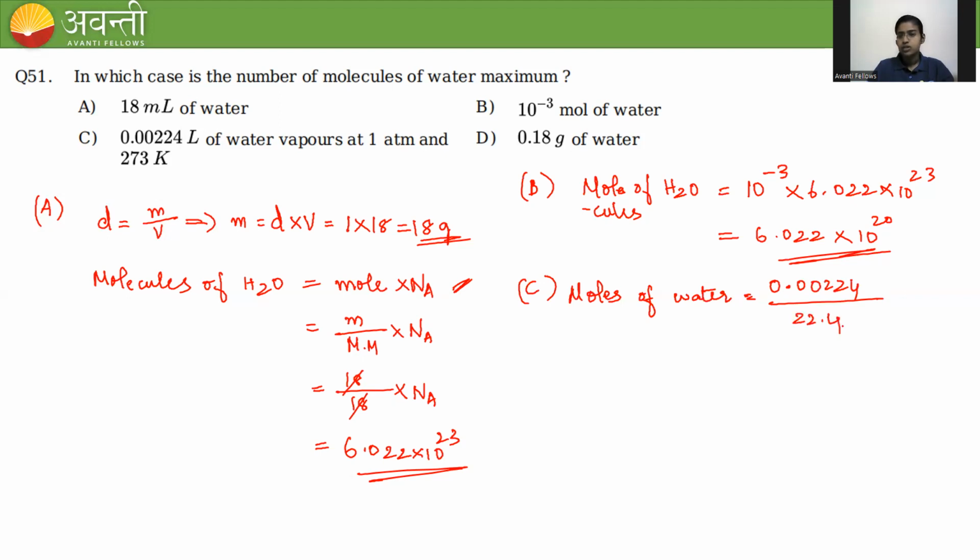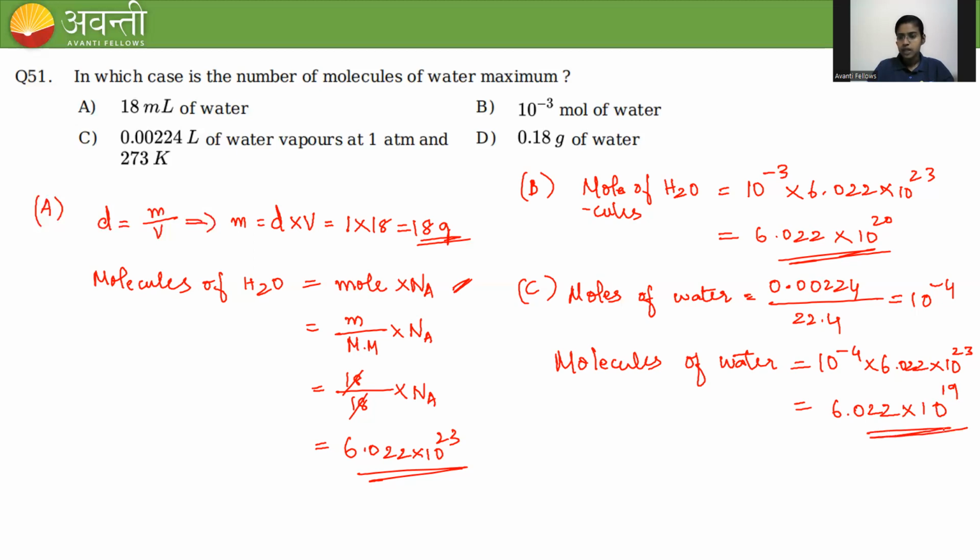Don't get confused. 22.4 is the molar volume at 1 atmospheric pressure and 273 Kelvin at STP. So the mole will be 10 power minus 4. The molecules of water is equal to mole into Avogadro number, that is 10 power minus 4 and 6.022 into 10 to the power 23. So we get 10 to the power 19 molecules.